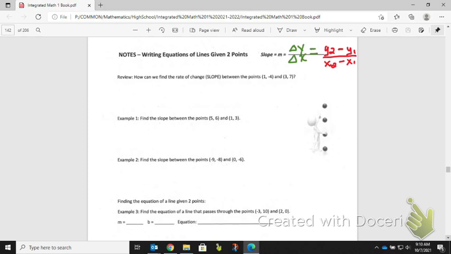Okay? It means the same thing as this, but it's written more directly for you to understand. So let's take a look and see what that means.